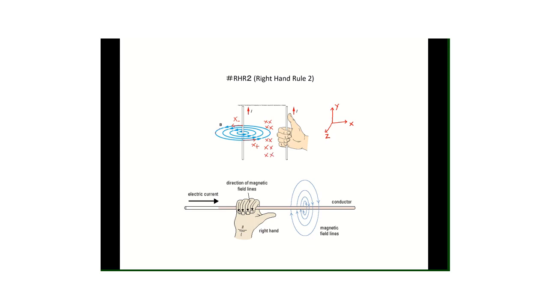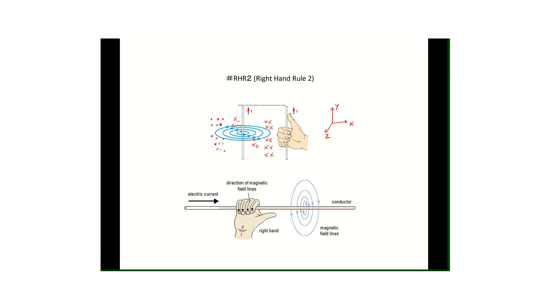On the other hand, in this area, the direction of the magnetic field is out of the page, so we draw a dot symbol. So by using right-hand rule 2, you can easily draw the direction of the magnetic field.